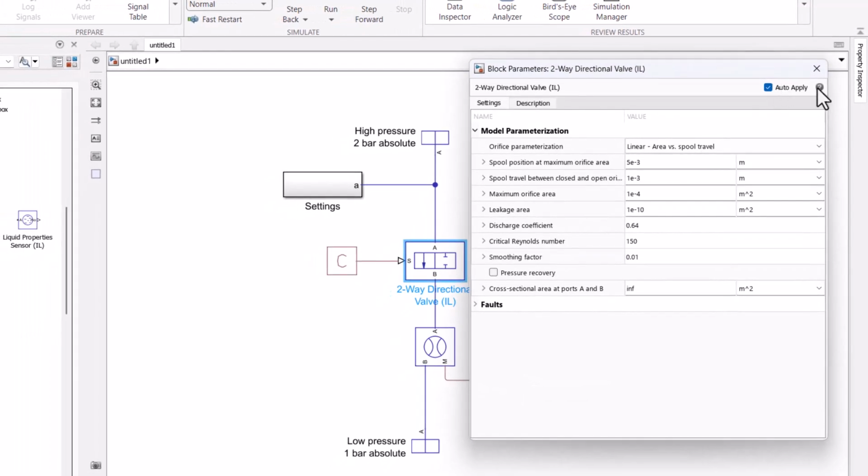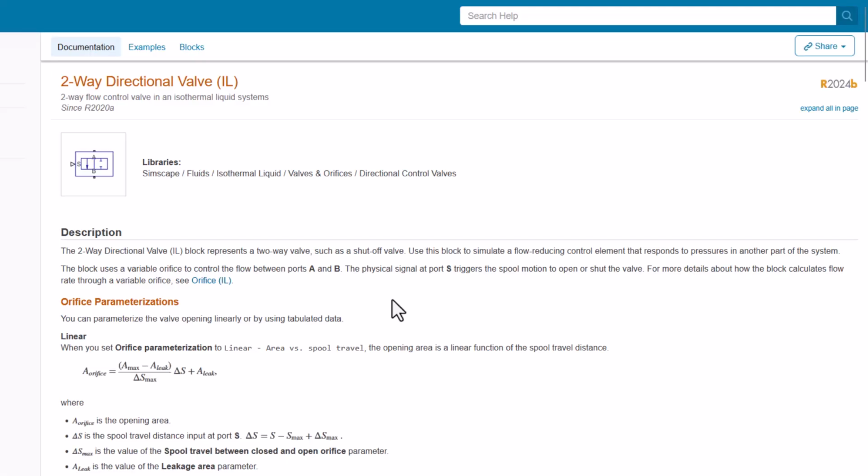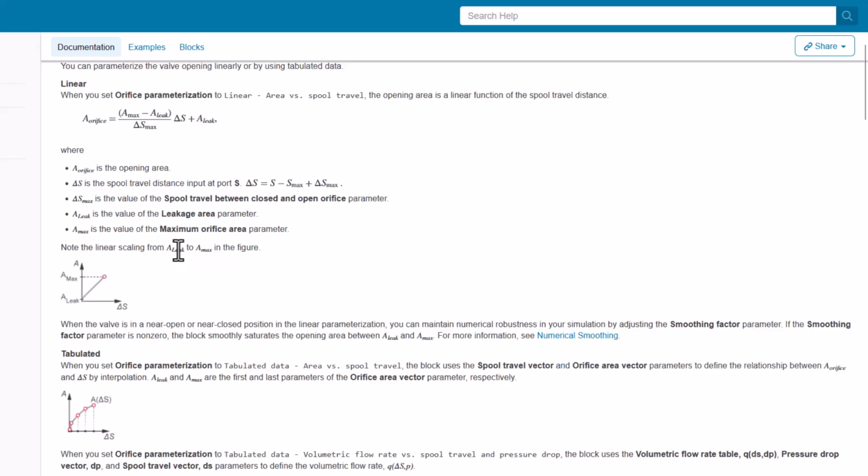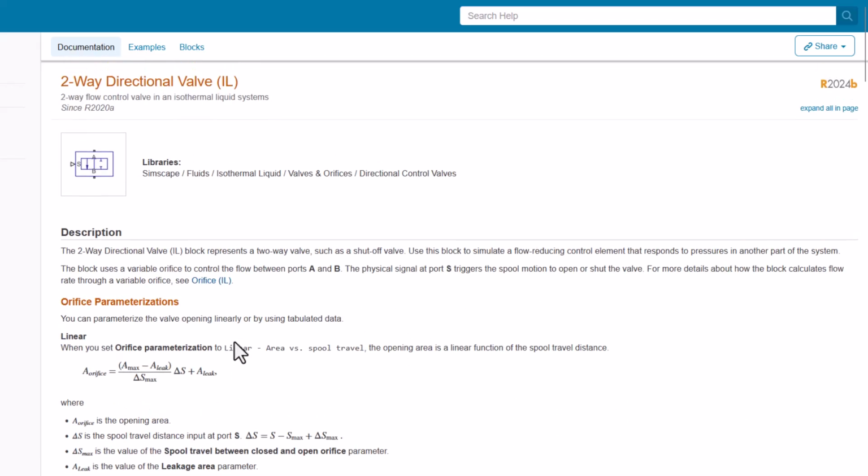For that, I go to the MATLAB documentation of this component. And here it says that the calculations are for more details about how the block calculates flow rate through a variable orifice. So when the valve is 100% open, it just works as an orifice.